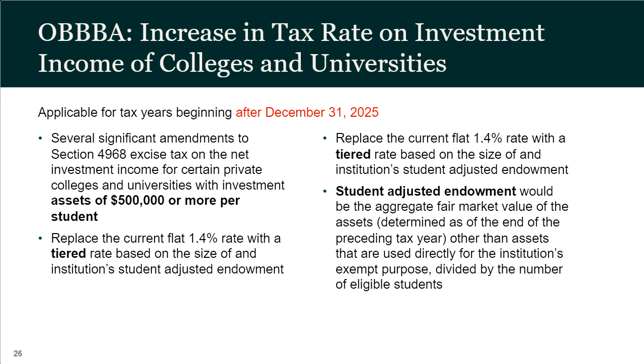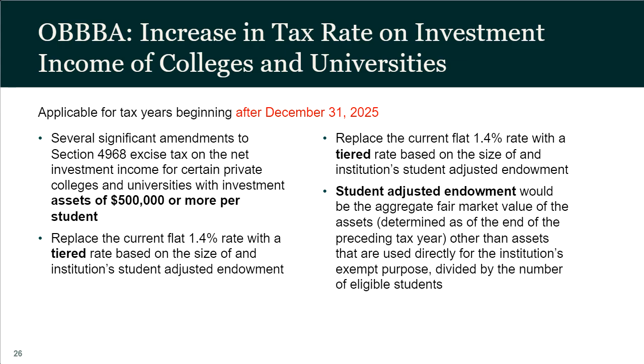The downside is that the student adjusted endowment is what you will use to determine the amount of endowment per student. So it is the total fair value of the institution's assets, other than assets used directly in carrying out the institution's exempt purpose, per student.